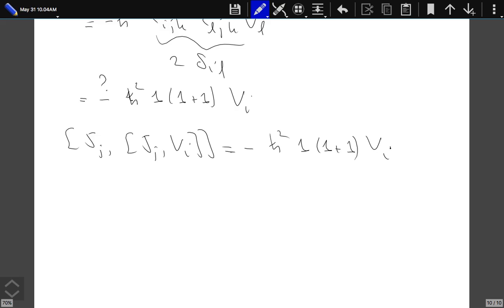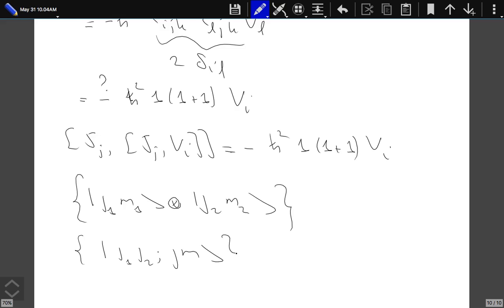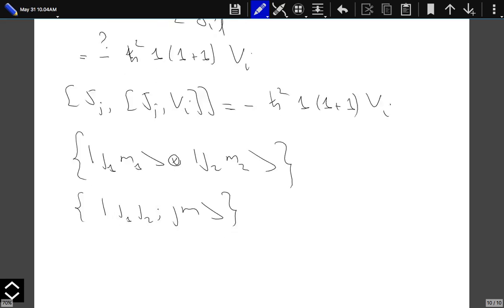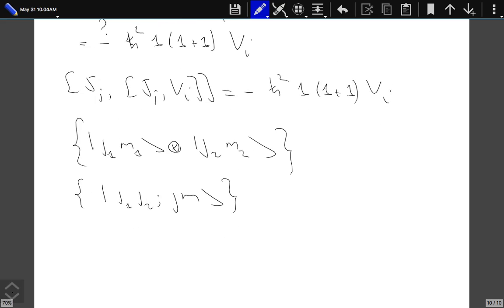So one thing I did with the kets was, let's say we start with |j1, m1> and multiply this with |j2, m2>. This was one basis. An alternative basis was |j1, j2, J, M>. The first basis, the so-called uncoupled basis in some books, has definite J1 squared, definite J2 squared, definite J1z, and definite J2z eigenvalues. The second eigenket has definite J1 squared and J2 squared.